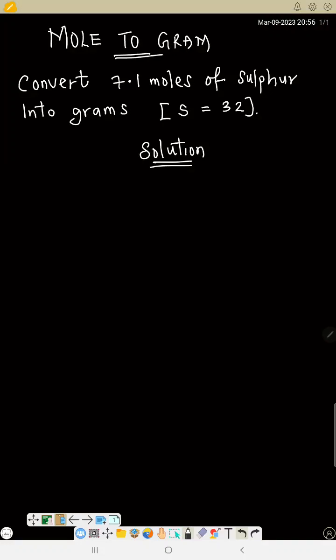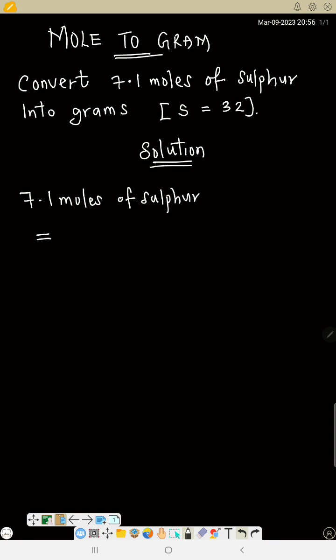So here, convert 7.1 moles of sulfur into grams. So we have 7.1 moles of sulfur.